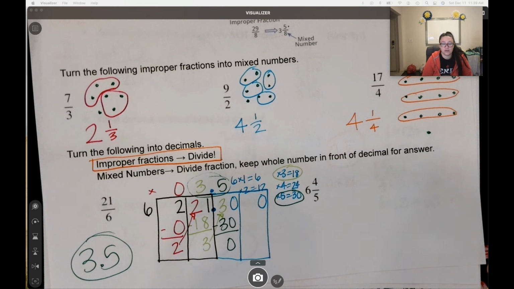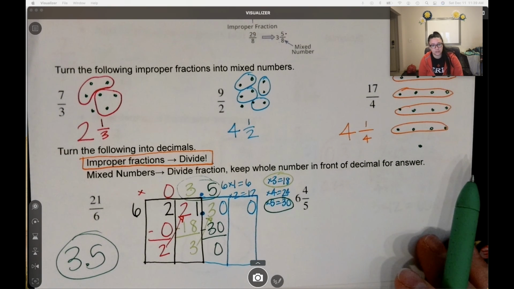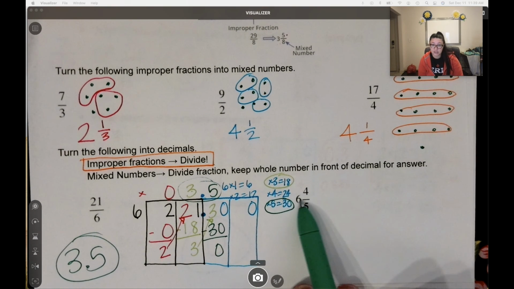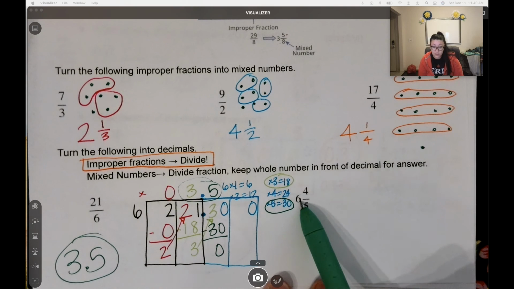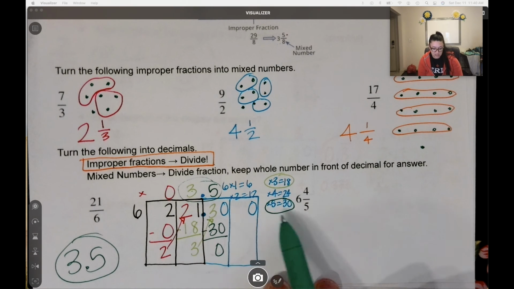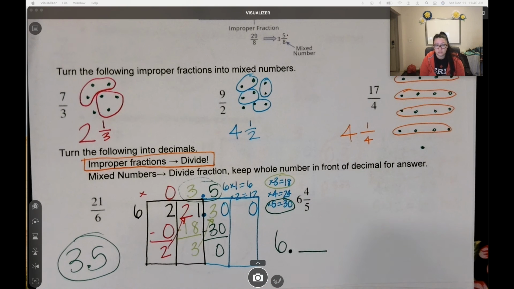21/6 is 3.5 in decimal form. I'm going to have you try the next one on your own, but the next one's a little bit different. Here we have a mixed number. You can turn the mixed number into an improper fraction if you would like and divide, or we know that the whole number, the number in front of the decimal, is going to be 6 point something.